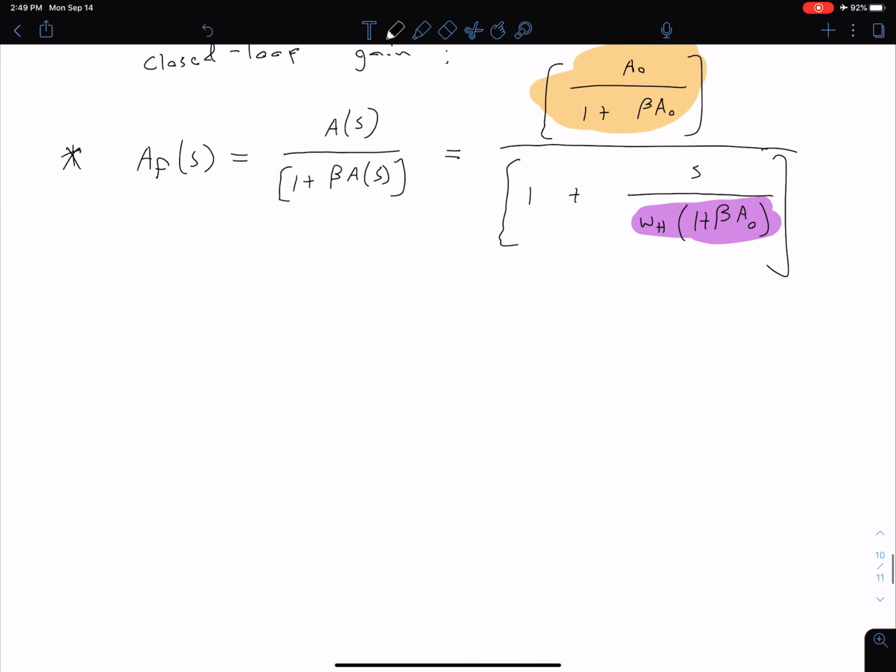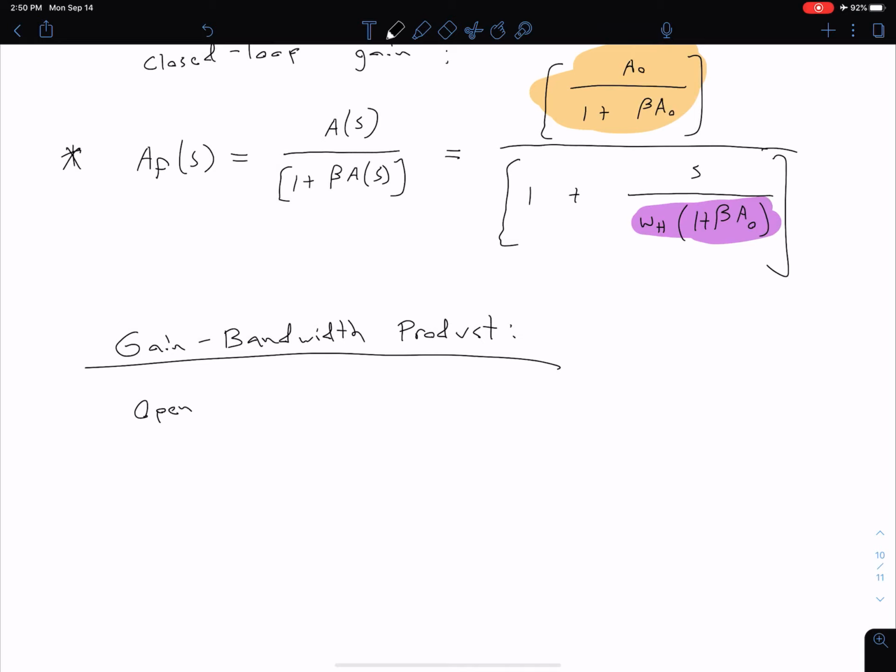One other thing that we want to mention related to this is our gain bandwidth product. And so we're going to look at that for both of these two configurations. As the name implies, we're just going to multiply the gain by our bandwidth. So let's look first at our open loop case.